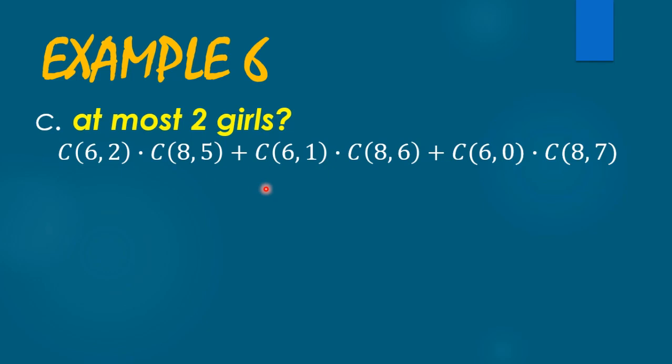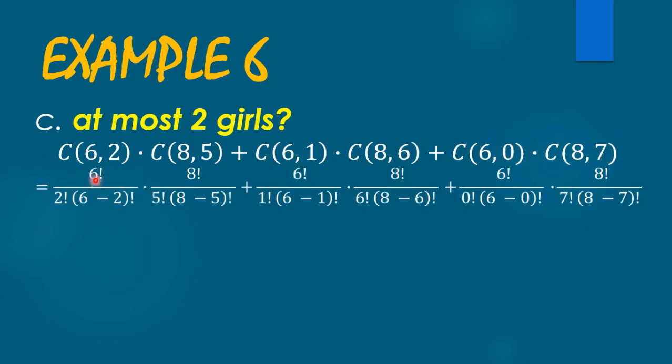So simplifying the expressions, we'll have 6 factorial over 2 factorial times (6 minus 2) factorial times 8 factorial over 5 factorial times (8 minus 5) factorial, plus 6 factorial over 1 factorial times (6 minus 1) factorial times 8 factorial over 6 factorial times (8 minus 6) factorial, plus 6 factorial over 0 factorial times (6 minus 0) factorial times 8 factorial over 7 factorial times (8 minus 7) factorial.